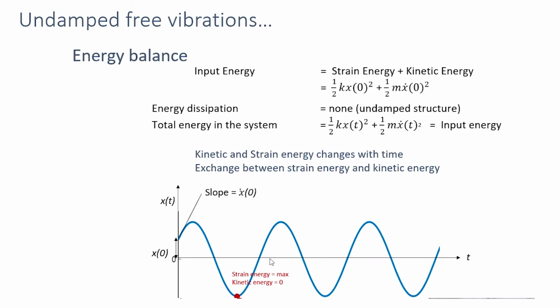So again, when it moves back here, we have maximum kinetic energy and 0 strain energy because displacement is 0. Again here, since velocity is 0, kinetic energy will be 0, but strain energy will be maximum. So throughout the vibration, there will be an exchange between strain energy and kinetic energy.